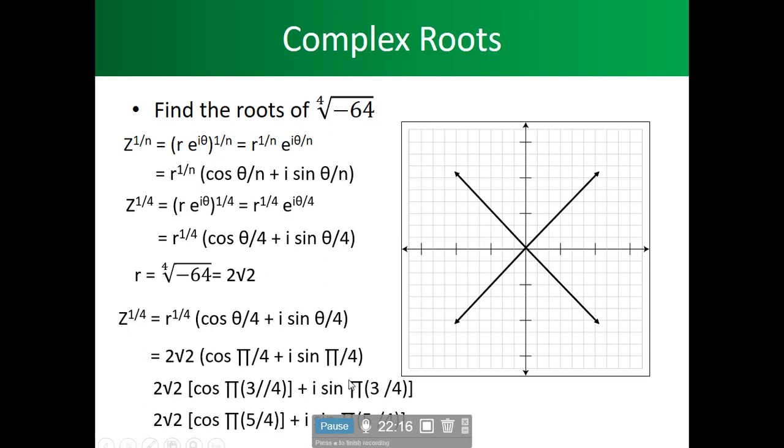And as you can see, each one of those is divided by that. So we move to the last one, which is 7/4 of the angle. So it's 1, 2, 3, 4. As you can tell, we're just adding up 1/4, and then 2/4, which is 3/4, then 5/4, and then 7/4.